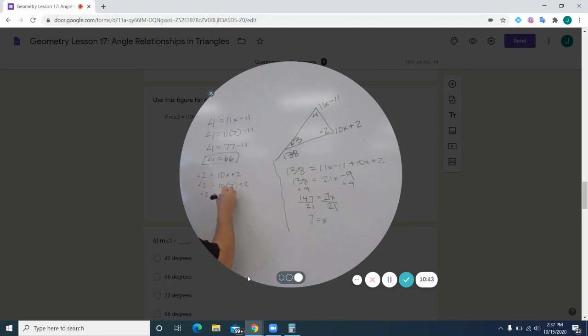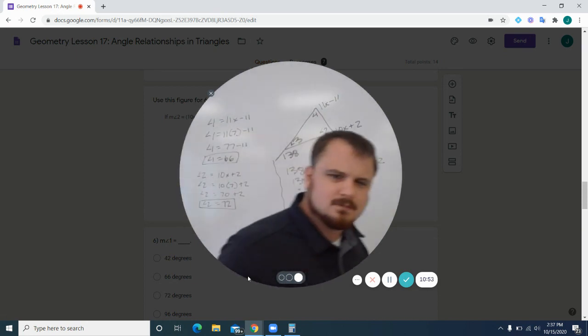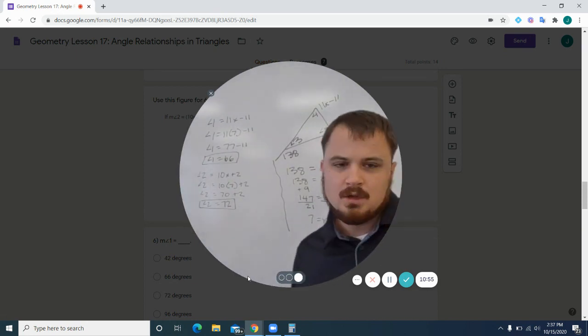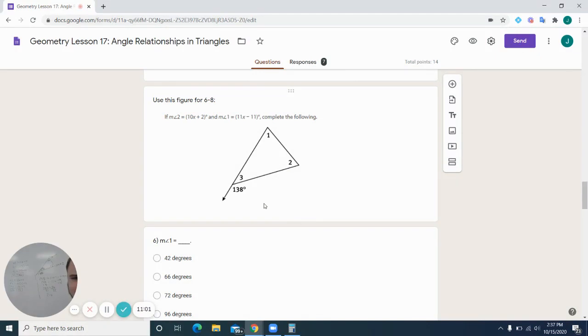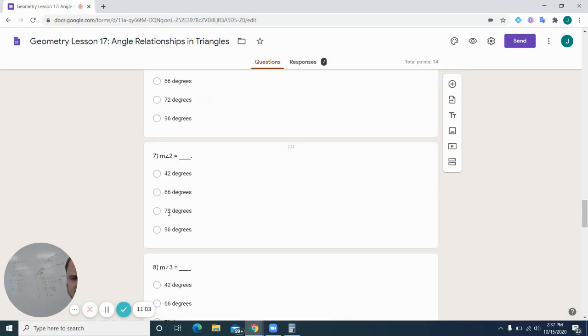Angle 2 equals 70 plus 2. Angle 2 equals 72.